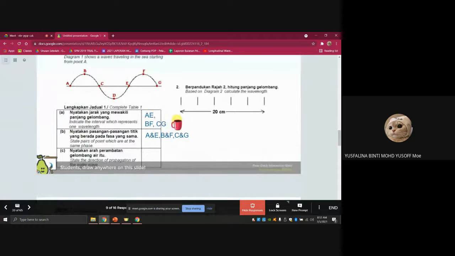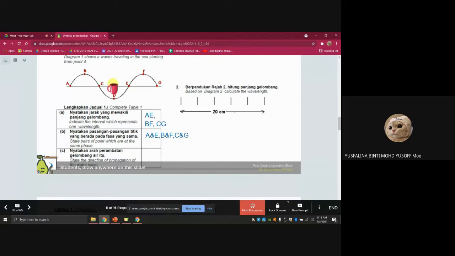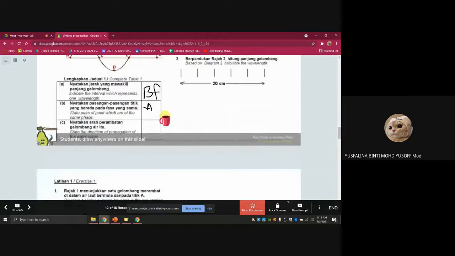A, E, B, F, C, G. Okay, that's a lot actually. A, E, B, F, C, G. Right. Then same phase: A, C, E is the same phase, right? B, F in the same phase. C, E, G in the same phase. We can put your text here.